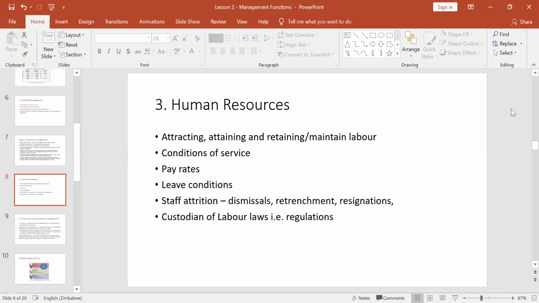So that's what they are mainly concerned with. So I've put a list of things there that they do: conditions of service, pay rates, leave conditions, staff attrition. They deal with dismissals, retrenchments, resignations, and they are also the custodian of the labor laws. They are the ones who interpret the labor laws for the organization.